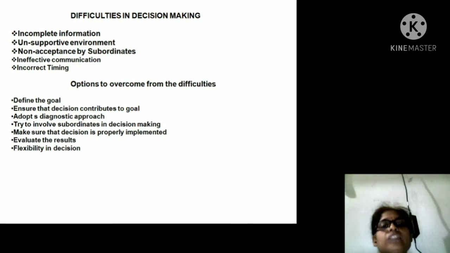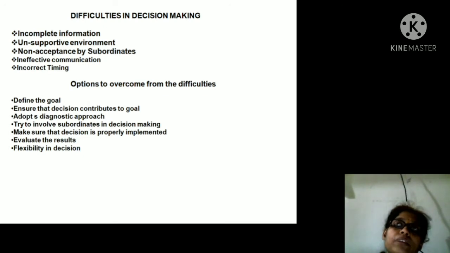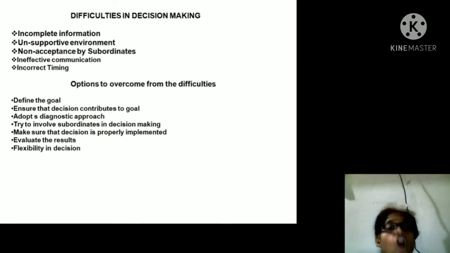Then secondly, unsupportive environment. The decisions are made by the managers or departmental heads, but after or before taking the decision, if the environment is not supportive, which kind of environment is talked about here? The surrounding, meaning the employees. If there is no proper coordination and cooperation among the employees, then the decision cannot be implemented properly, and the decision making process gets hurdled.